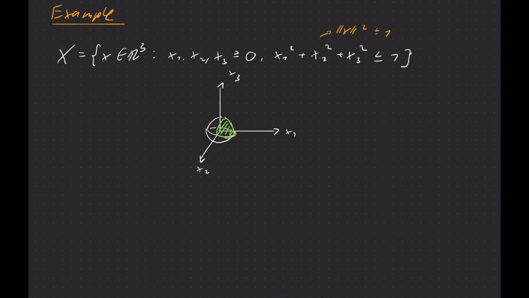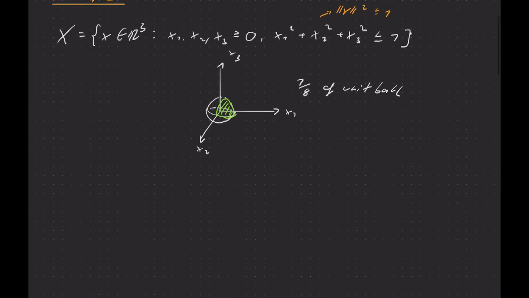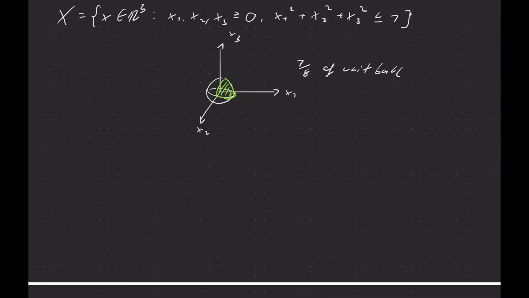That is 1/8 of a unit ball. To not complicate things further, we just want the volume of that region X. So to get the volume of X, we integrate the one function over X.